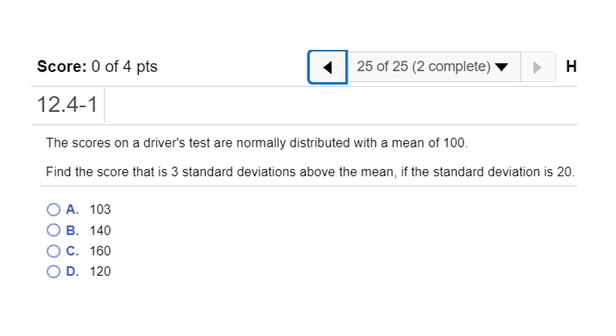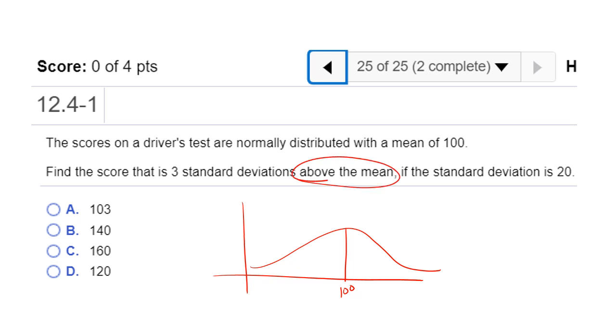For this last question, we have scores on a driver's test that are normally distributed. So that means it has that little bell shape with the average mean score of 100 right in the middle. Now we want to find a score that is 3 standard deviations above the mean.